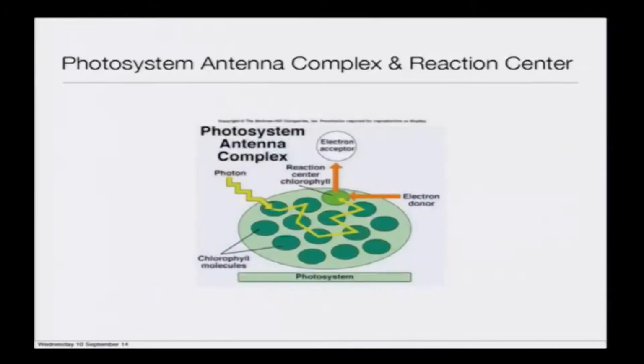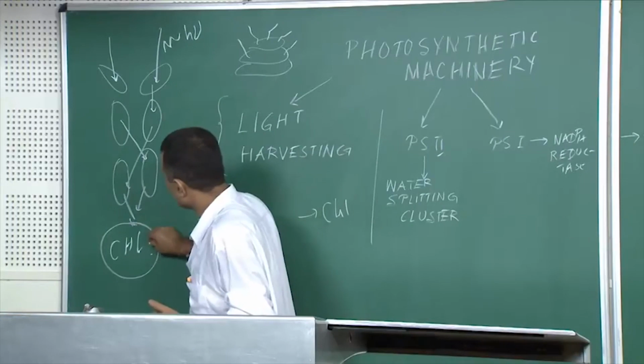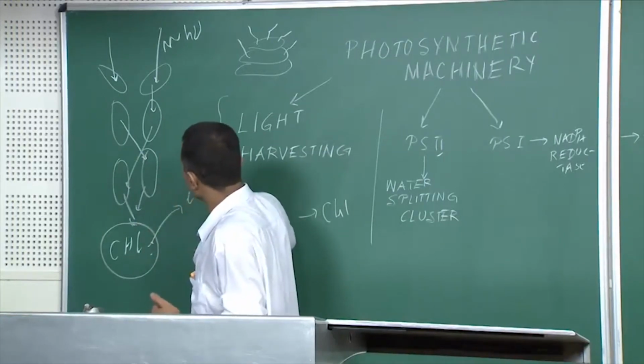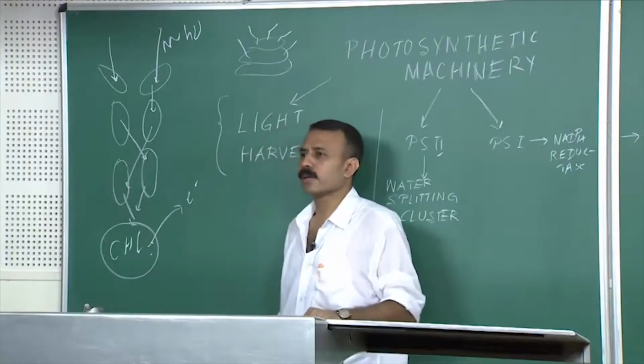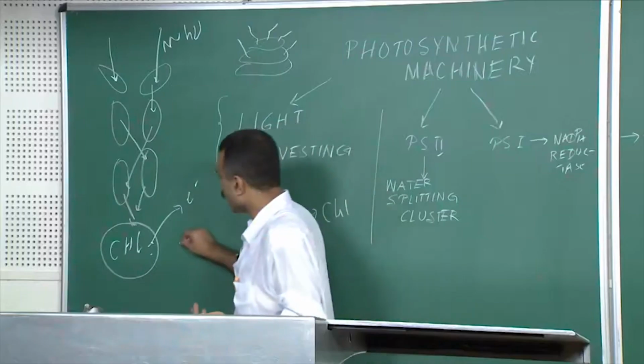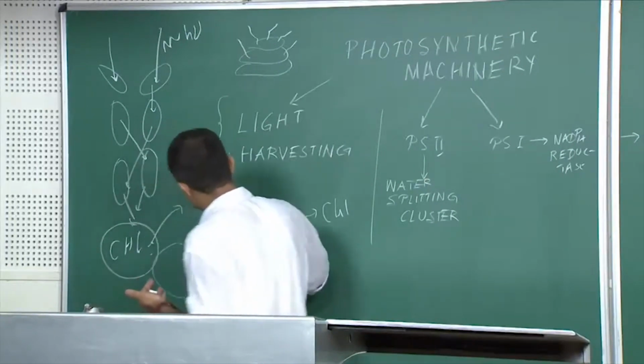Now, coming to the specific site, what do we mean by the specific site? The antenna molecule has funneled it here, but does this chlorophyll immediately eject an electron and get activated? Actually, it does not work like that. It is very interesting to note that at this level also there are some very interesting processes taking place.